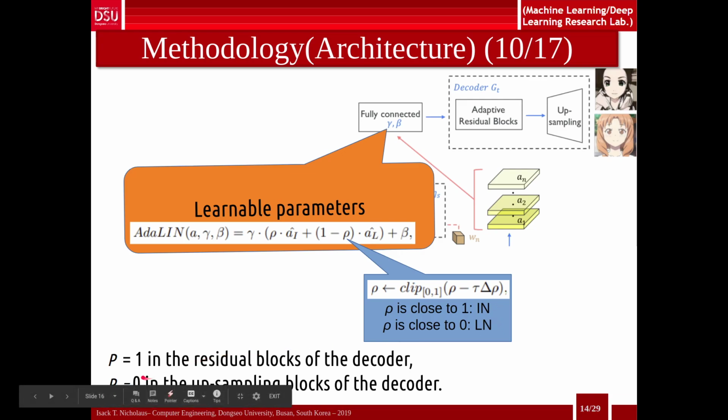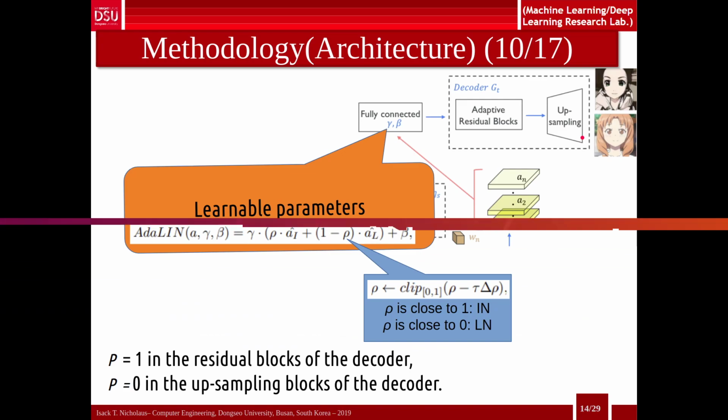So when this value is equal to 1, it means instance normalization is more important to be performed, and when it's equal to 0, then layer normalization is more important. And normally this value is initialized, for example, to 1 at the residual block in the decoder, and initialized to 0 at the upsampling block of our decoder.